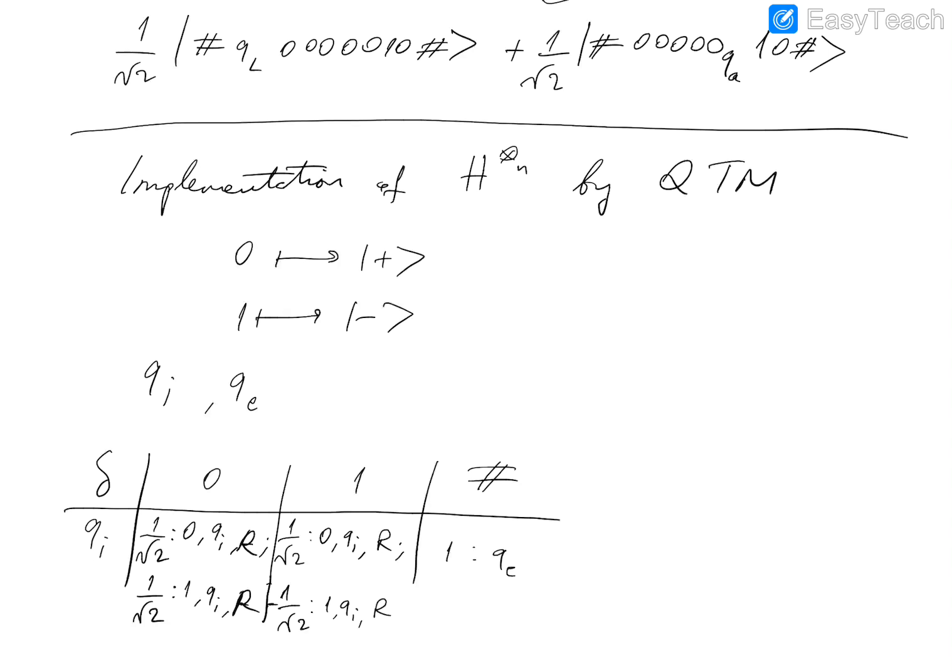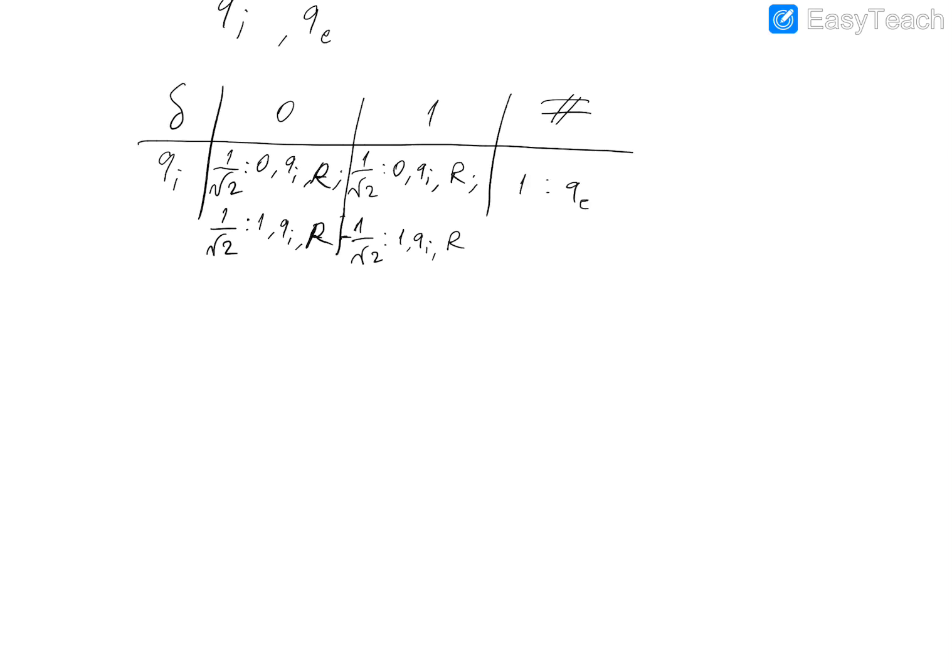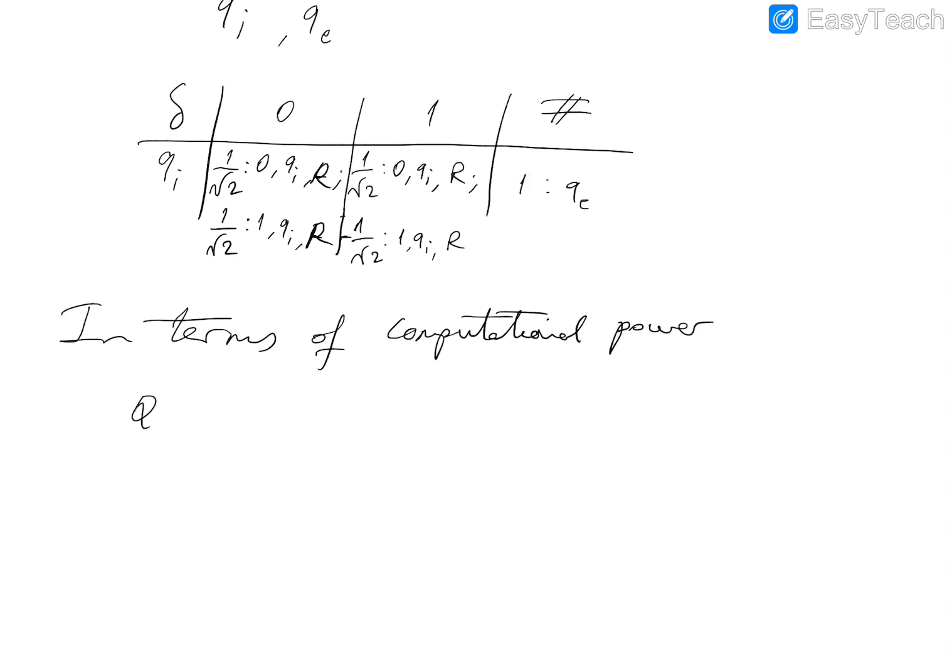In terms of computational power, there's no difference. Okay, so quantum Turing machines have exactly the same power as classical Turing machines and probabilistic Turing machines. So let me write that down. In terms of computational power, quantum Turing machines, probabilistic Turing machines, and deterministic Turing machines are equivalent.